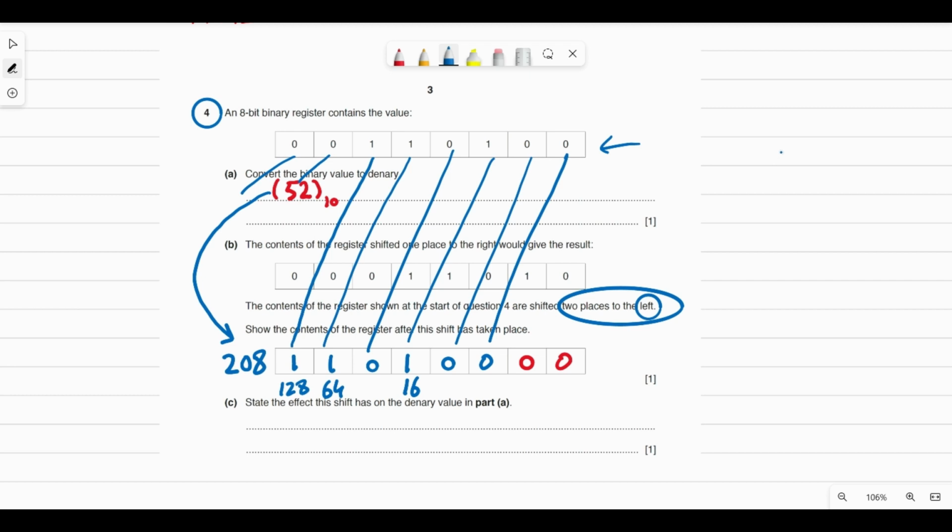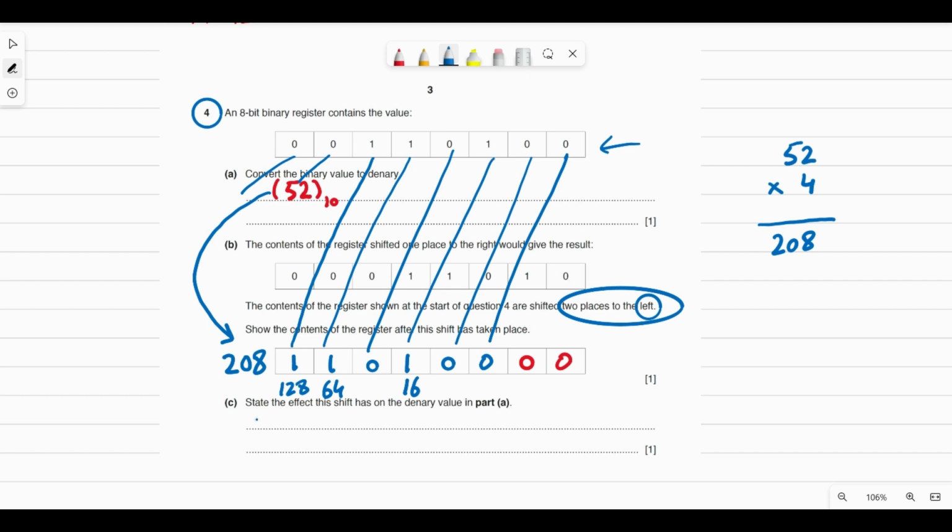And this was 52. Two places to the left has the effect of multiplication by 4 in steps: 52 multiplied by 2, then again multiplied by 2, which sums up to 52 multiplied by 4. 4 into 2 is 8, 5 fours are 20, so 208.